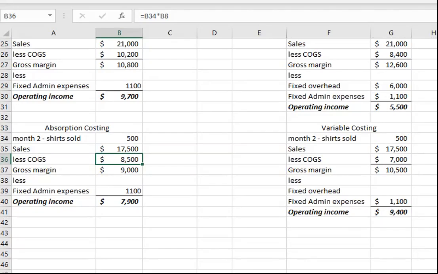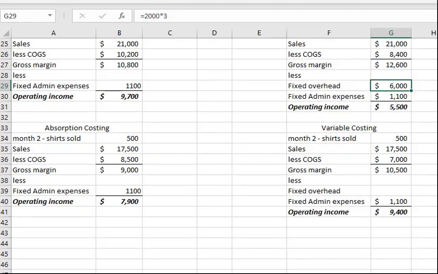You have this overhead for all 2,000 shirts in the one month. The accrual method of accounting and GAAP doesn't want to recognize all of that expense in the one month. It wants to spread it out so it recognizes and matches. It's kind of the matching principle. It wants to match that expense with each shirt when it's sold.